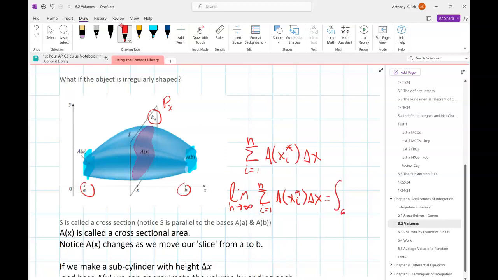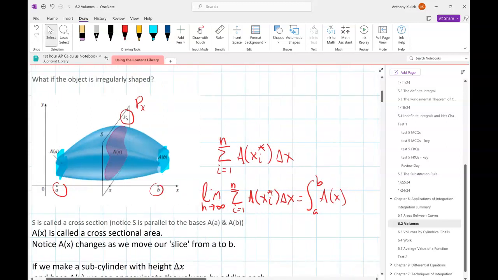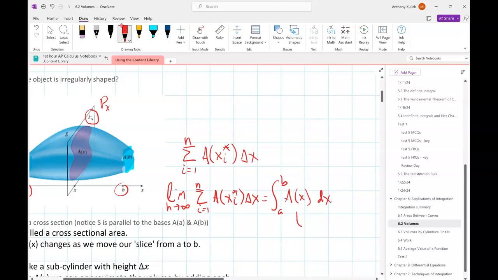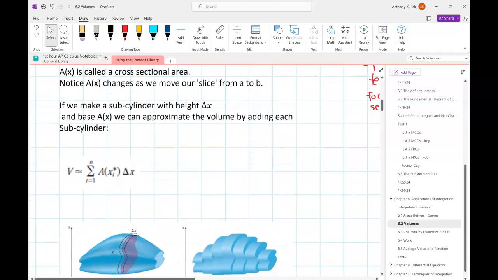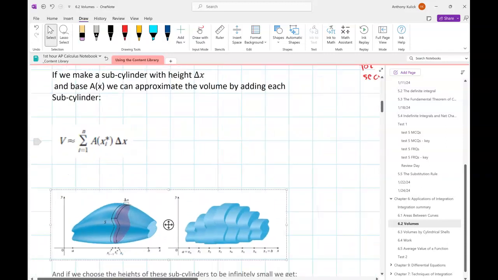And that becomes then my integral from A to B of A of x dx, where A of x is a function in terms of x, describing the cross-sectional area. So that's the idea. That was our approximation.